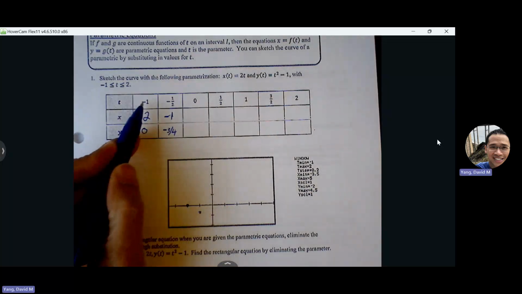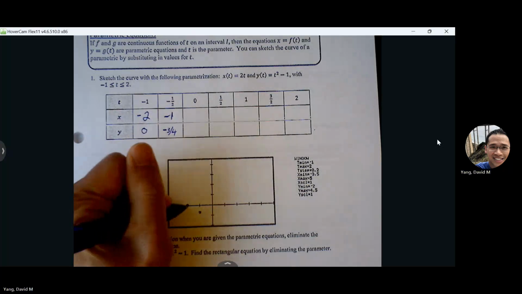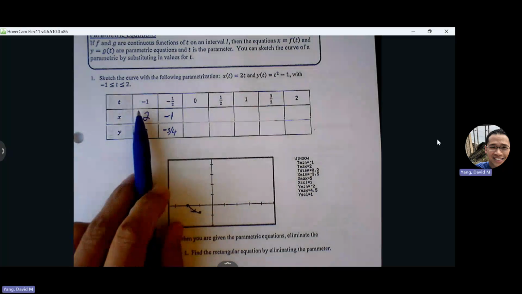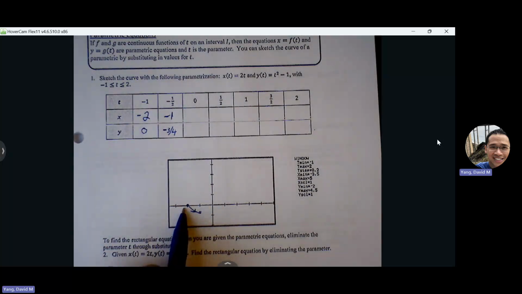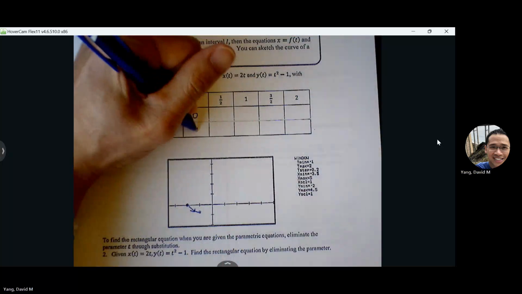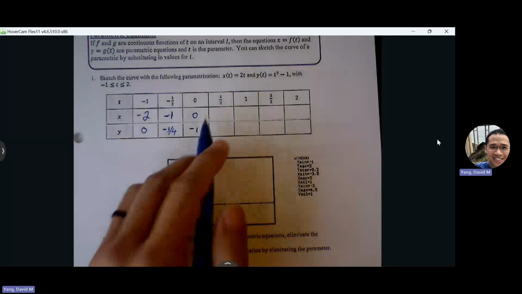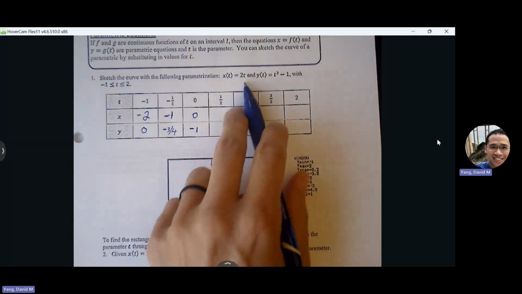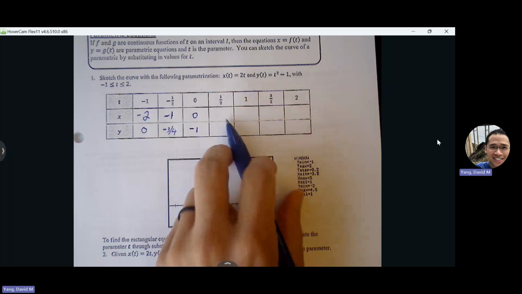So we see that the graph is moving to the right here, because at t equals -1, it was here. At t equals -1/2, it's here. Right, so 0 in for t. I'm just going to go ahead and fill out the rest of the table here. We're just plugging in all these t values in for t and finding x and y.